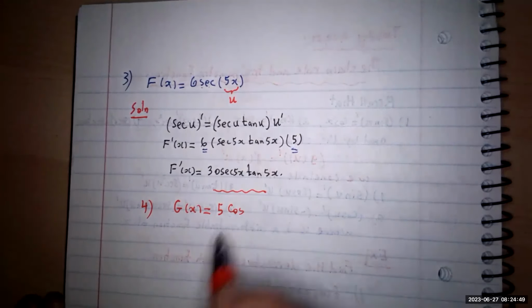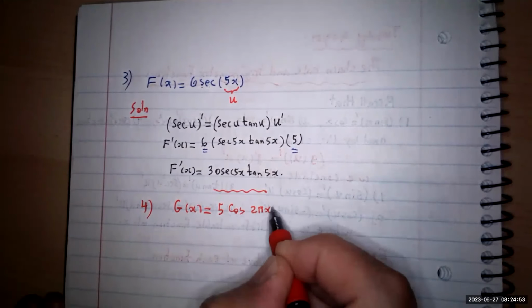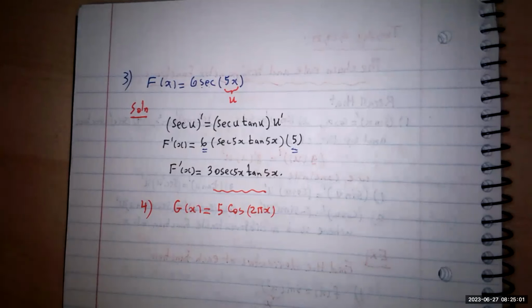You may have 5 cosine of, let's say, 2 pi x. In physics, there are formulas when you study electrical circuits or wave functions. So you may have 2 pi x, pi half x, different formats of the angles. Then you may have to differentiate it.